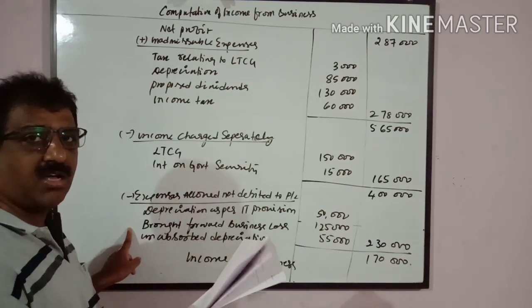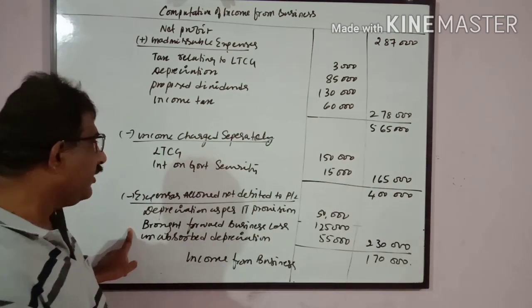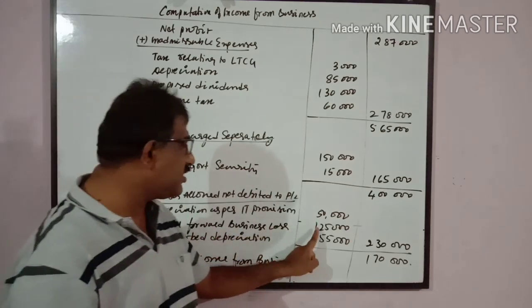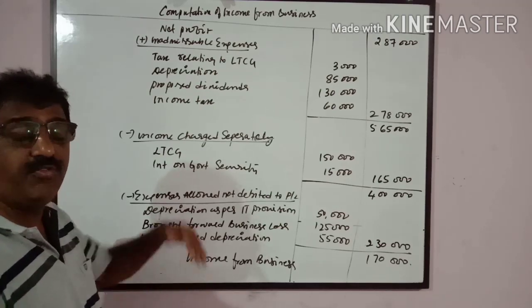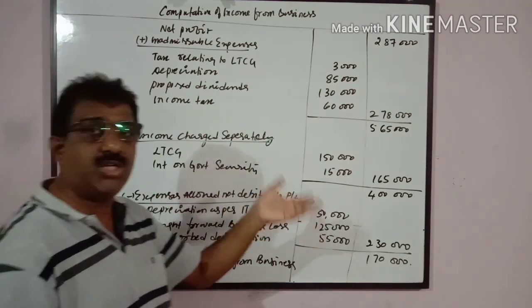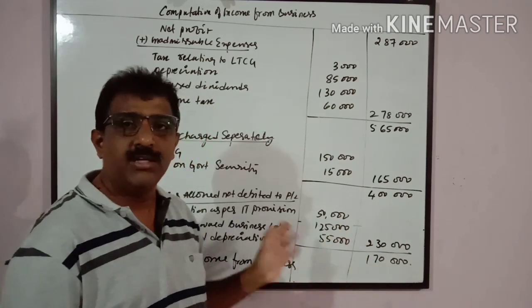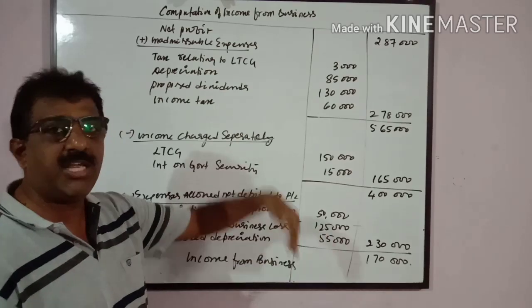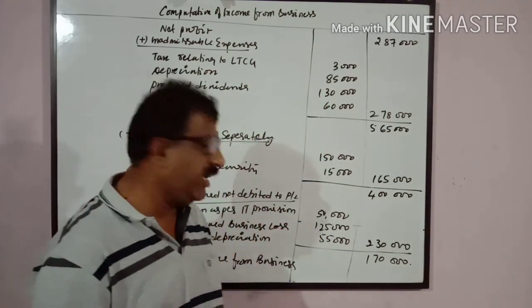Any business loss of the previous year brought forward is allowed as a deduction when there is a profit. Brought forward business loss 1,25,000. Unabsorbed depreciation of earlier years means depreciation was allowed but there was no sufficient profit to deduct. Now you can deduct it. So 55,000. This unabsorbed depreciation of the earlier years can be considered this year.